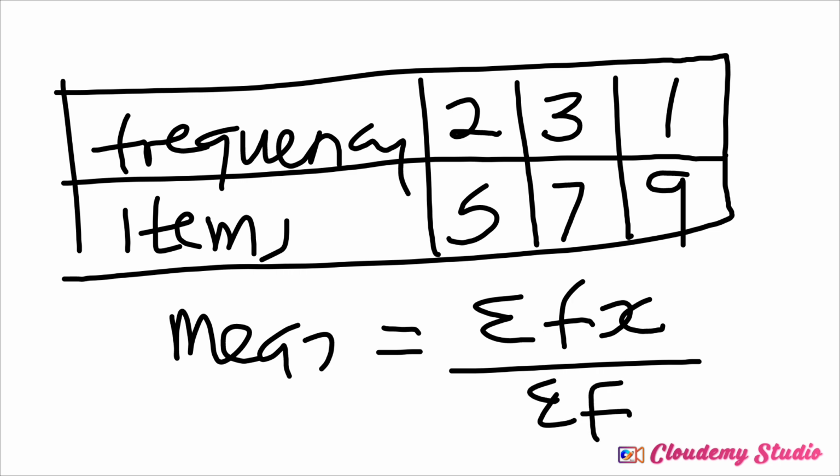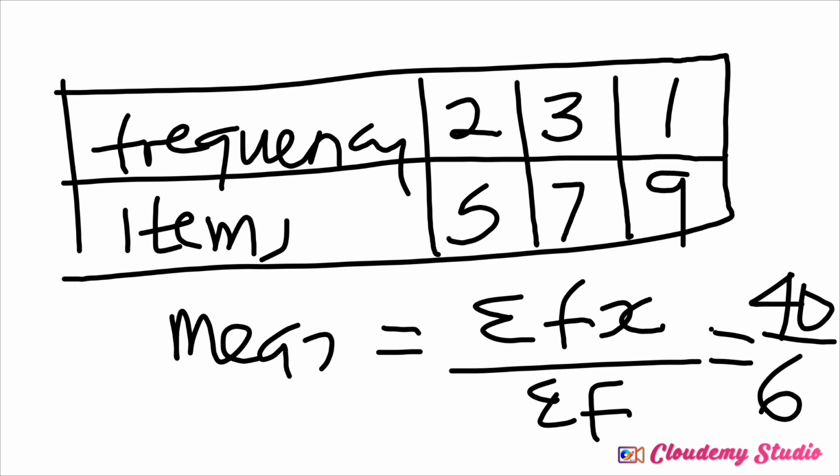The sum of the frequency is going to give me 6. For the products: 2 times 5 is 10, 7 times 3 is 21, and 9 times 1 is 9. 9 plus 21 is 30, plus 10 is 40. So I have 40 over 6.